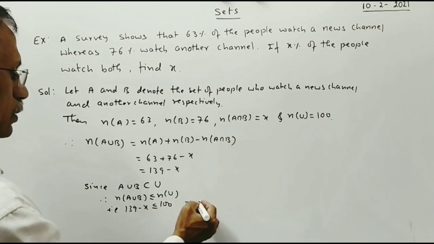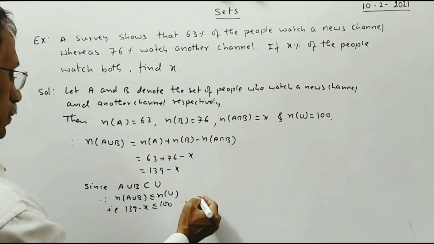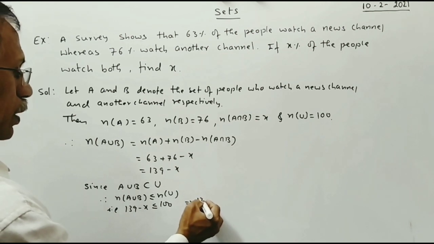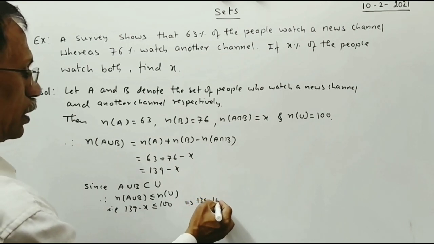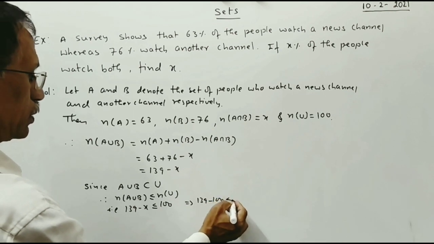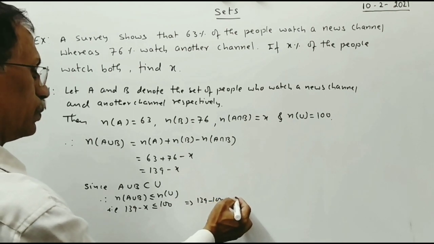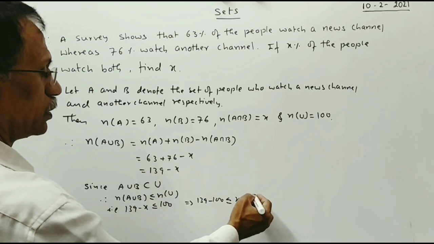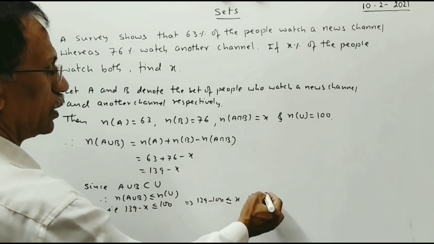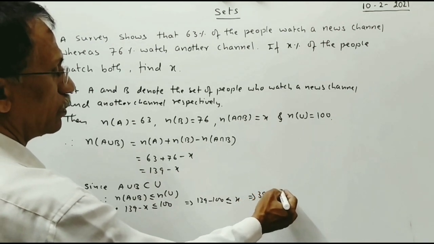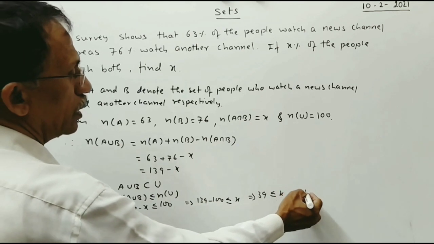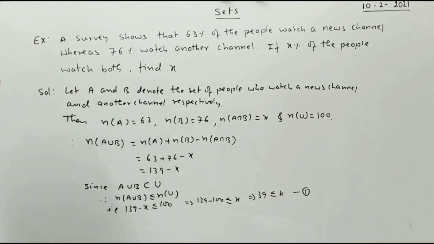This implies 139 minus 100 is less than or equal to x. This implies 39 is less than or equal to x. Say number 1.